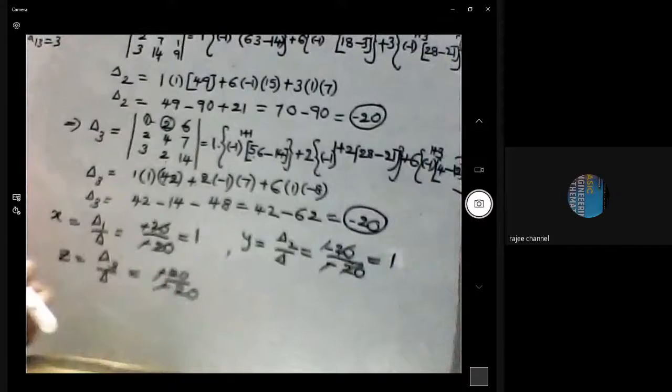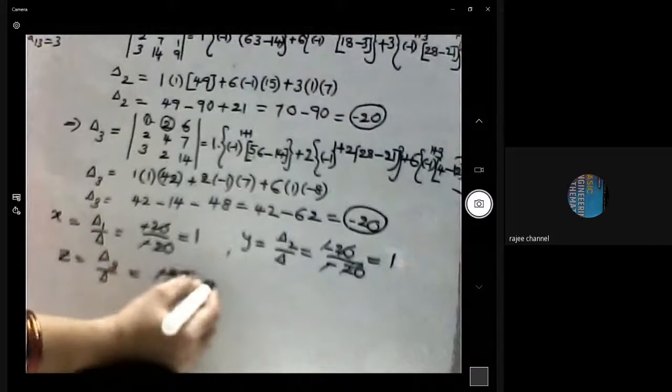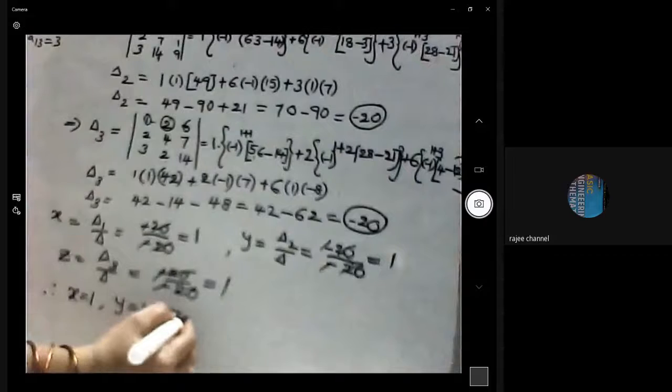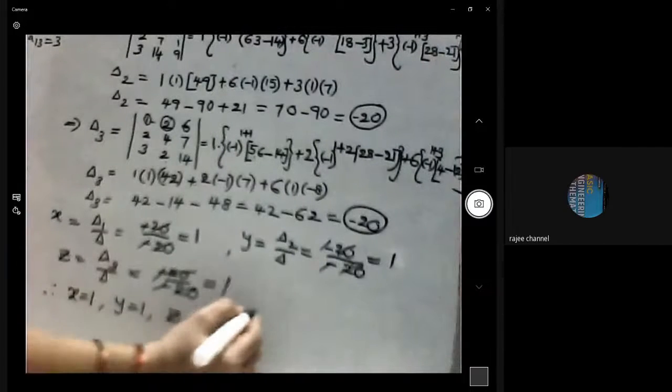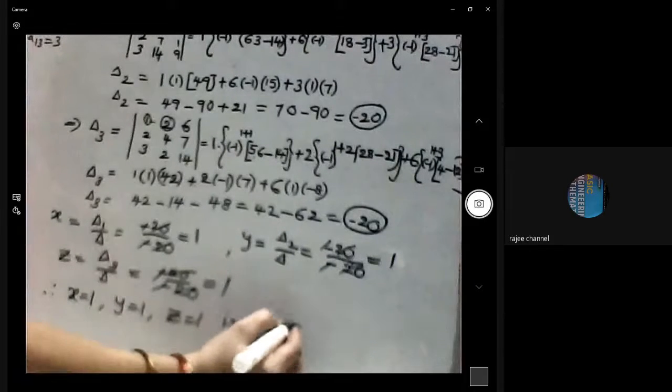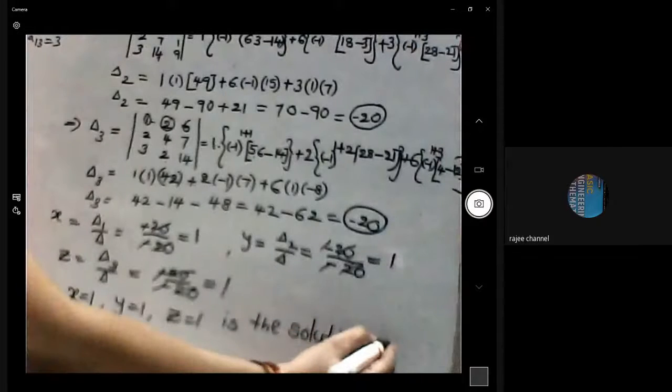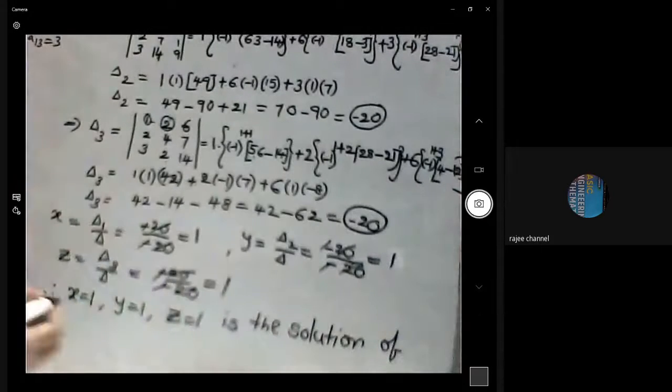Minus minus cancel, 20 cancel. We get plus 1. So x equal 1. Therefore, x equal 1, y equal 1, z equal 1 is the solution of the given linear equations.